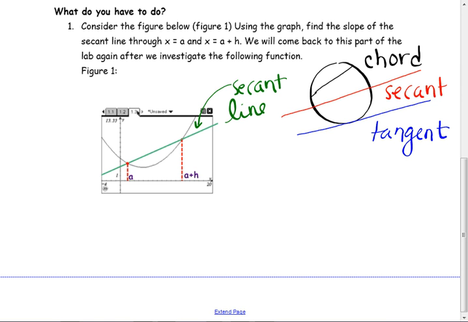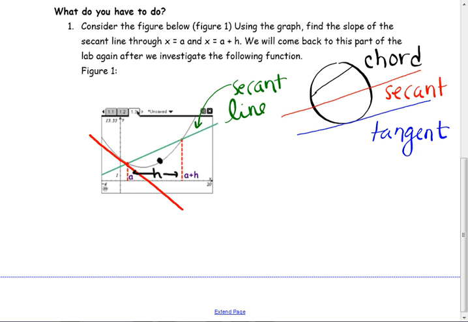I would like to find the slope of the tangent line right there, which is obviously a negative slope where the secant was positive. But what I'm going to do is take a point on this graph and drag it closer and closer. What happens to this distance, which we're going to call h? It's getting smaller. So guess what we're going to do? We're going to take a limit.